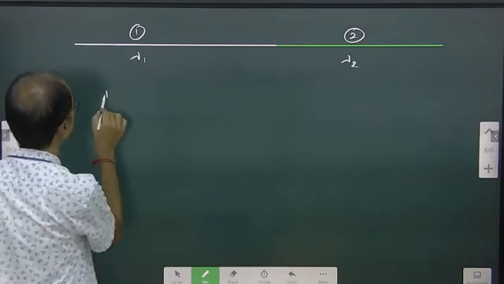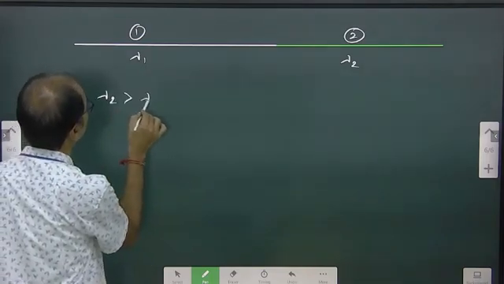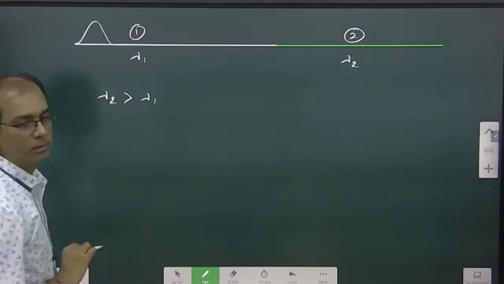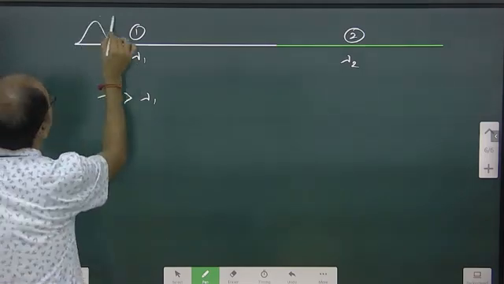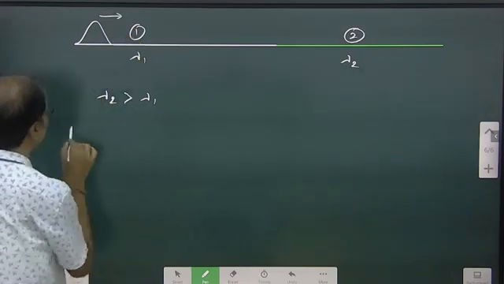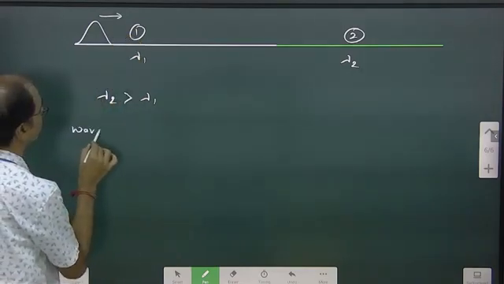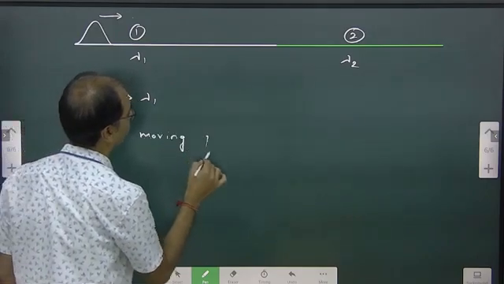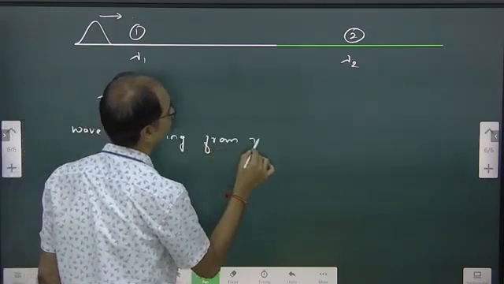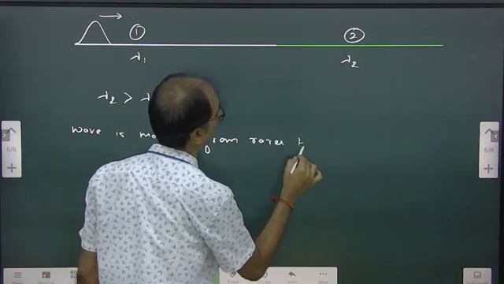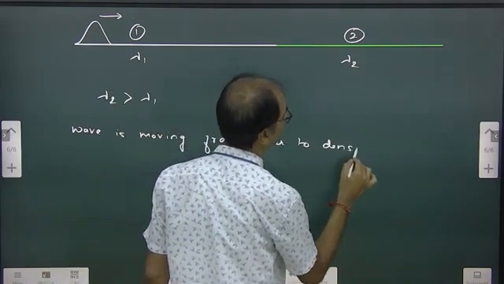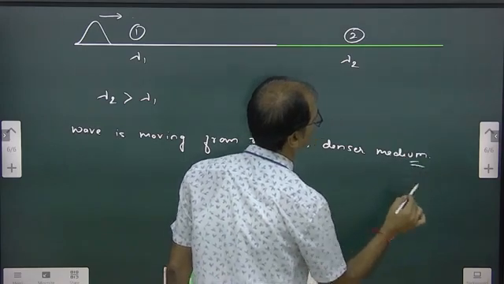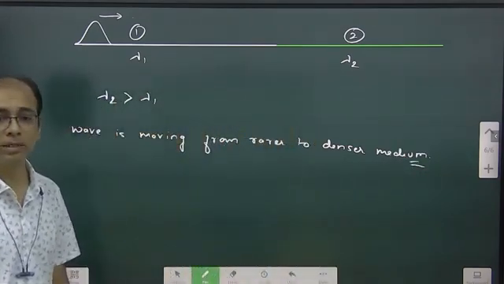If lambda 2 happens to be more than lambda 1 and you have created a pulse over here, then we say that the wave is moving from rarer to denser medium.